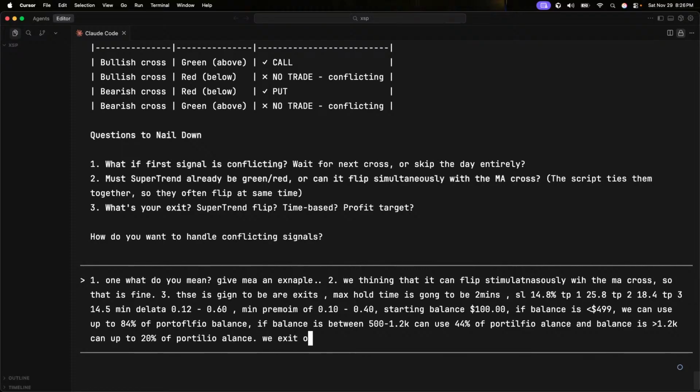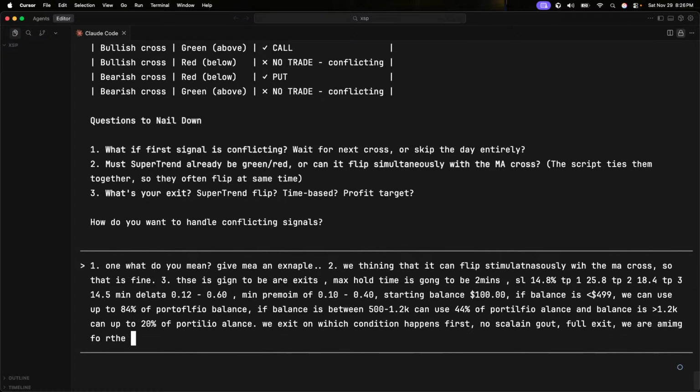We exit on whichever condition happens first. No scaling out. Full exit. We are aiming for the higher TP, of course, but if TP3 hits, for example, then we exit. Full position.